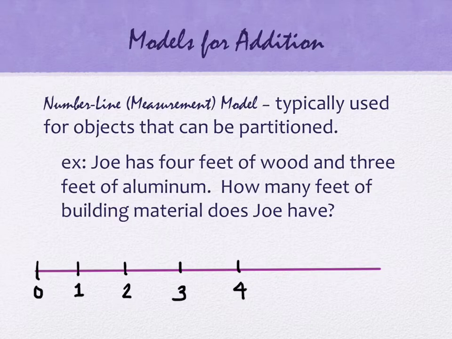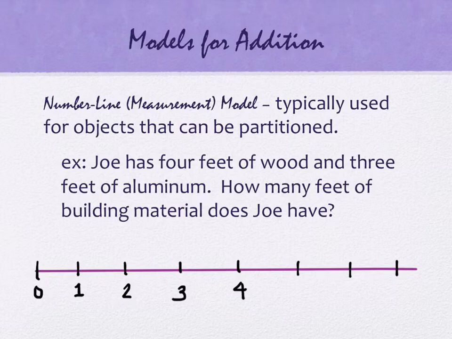And we could actually physically put this end to end, and we're not counting the logs, right? We're counting the length of the logs, which is slightly different. And then he's got his 3 feet of aluminum. So you've got 1, 2, and here's my 3rd one.